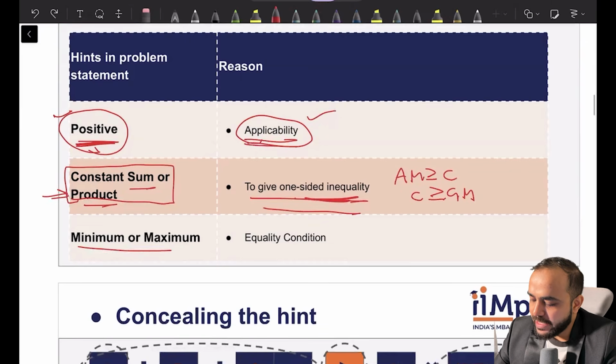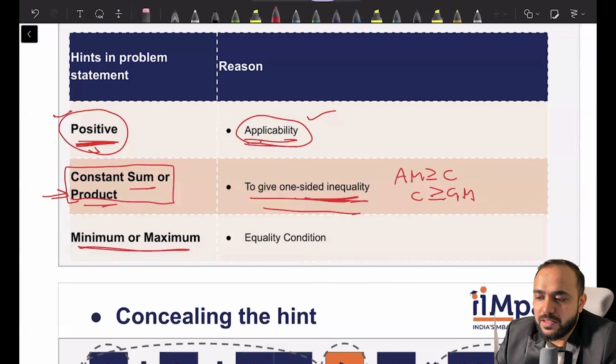All right. Finally, minimum or maximum. There should be some question of minimum or maximum going on, which is when you can really apply your AM-GM, because at the end AM-GM is an inequality, and an inequality construes a minimum or maximum.